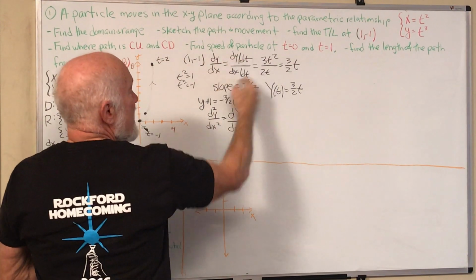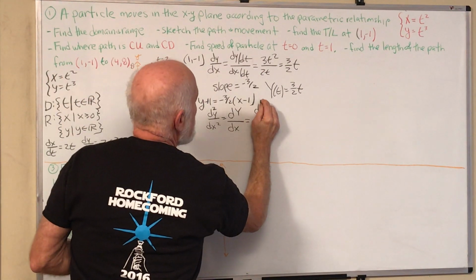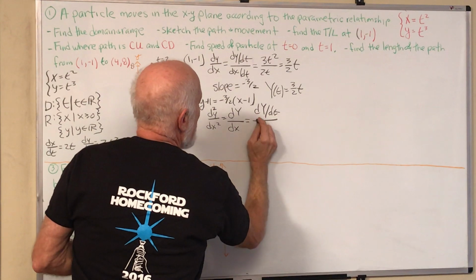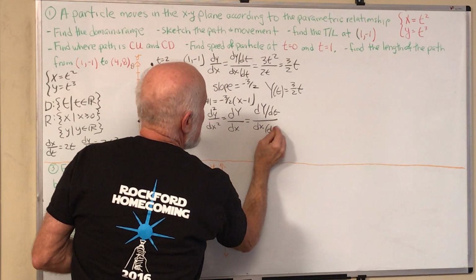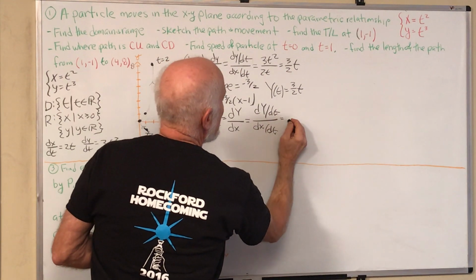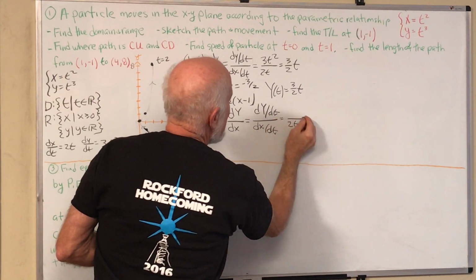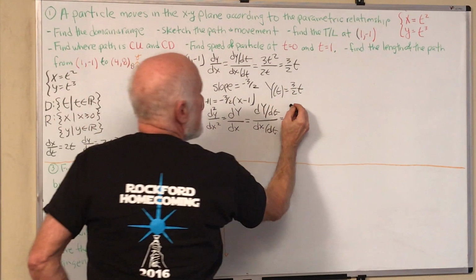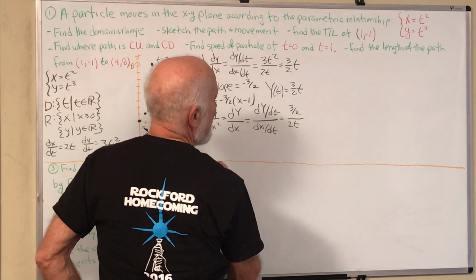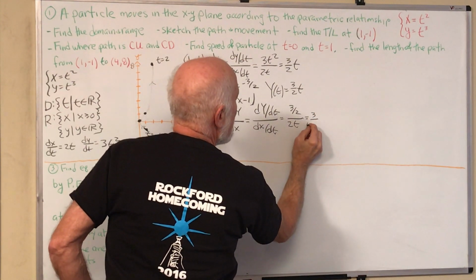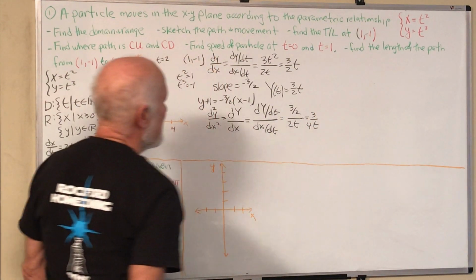And we have to use this same formula. So we go dY/dt divided by dx/dt. Well, dx/dt is still 2t, but now the derivative of this with respect to t is 3/2. So we get 3 over 4t.